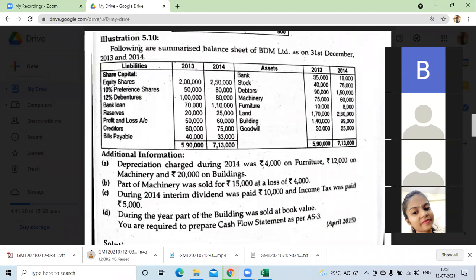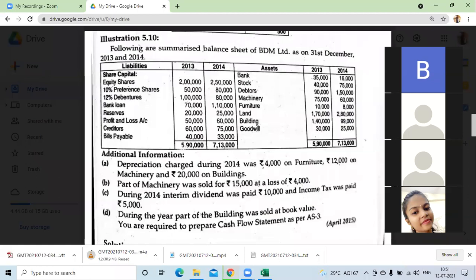You record it in your books of accounts, but it is non-cash. Cash doesn't go out. So therefore it is a non-cash expense. Because it is an expense, it will be added in the operating activity under the heading of non-cash and non-trade items.